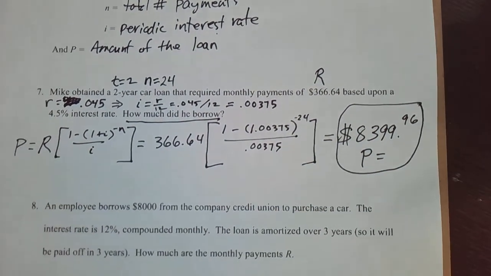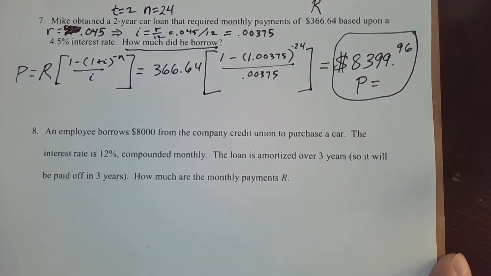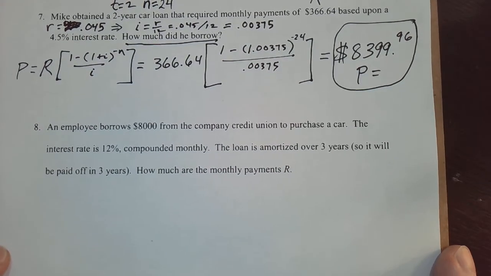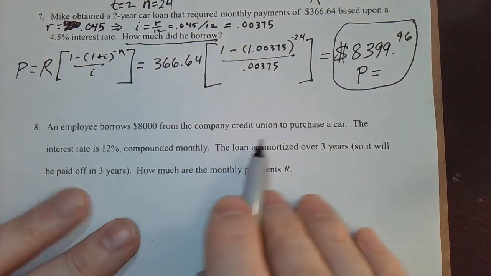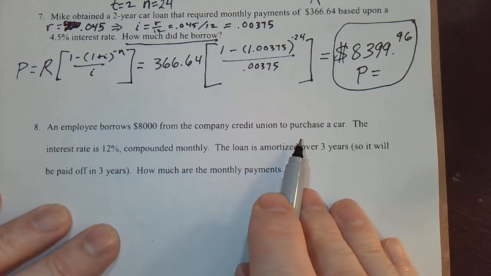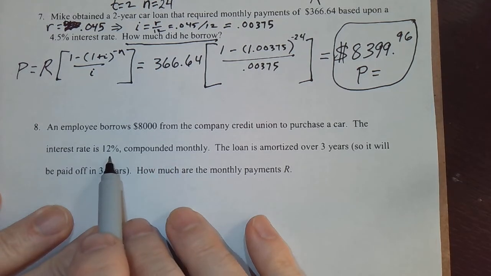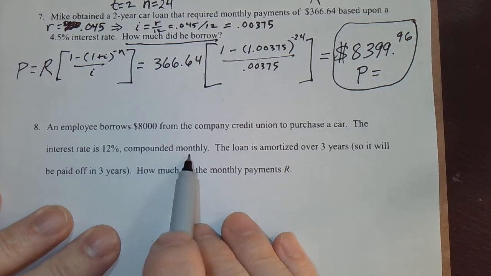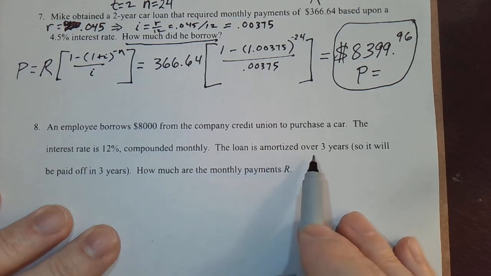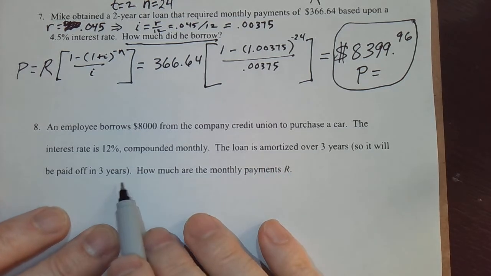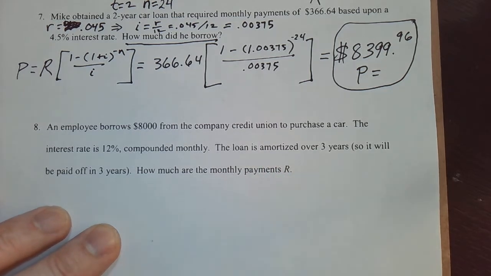All right, let's look at the last problem. An employee borrows $8,000 from the company credit union to purchase a car. The interest rate is 12% compounded monthly. That's nice and easy. That means 1% per month. The loan is amortized over 3 years, so it'll be paid off in 3 years. How much are the monthly payments?